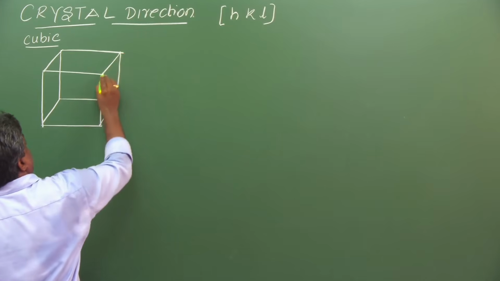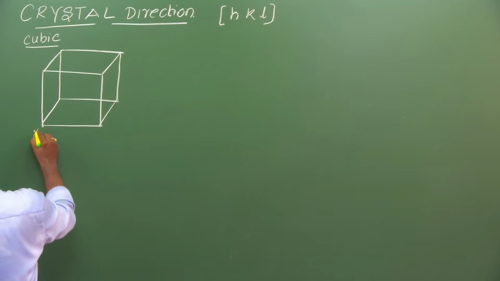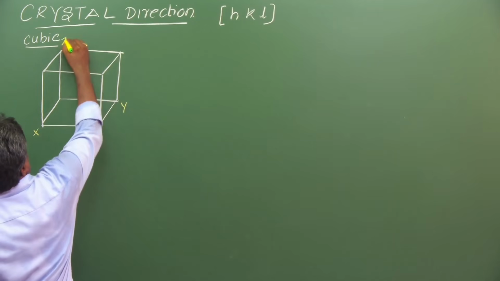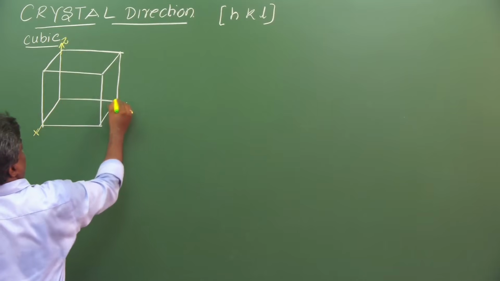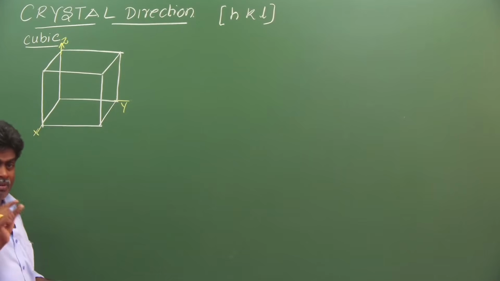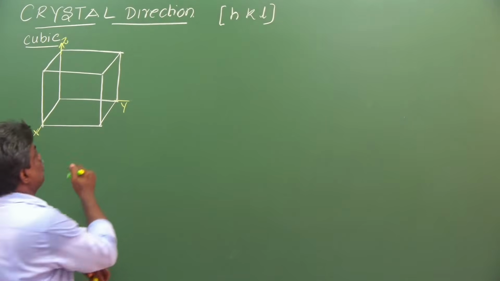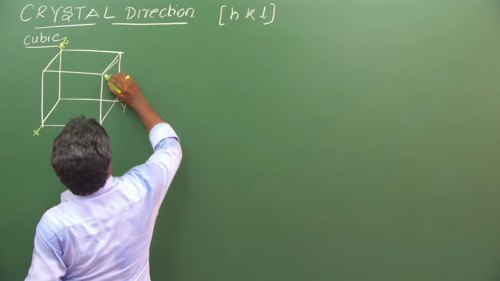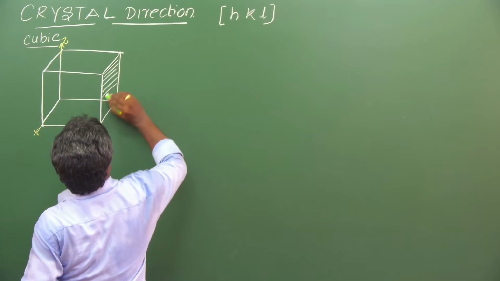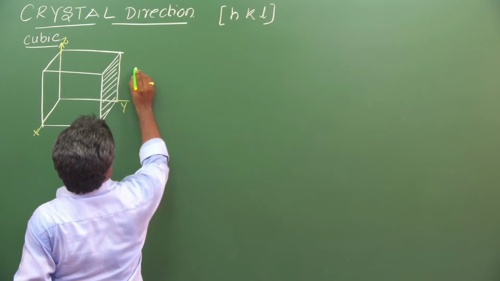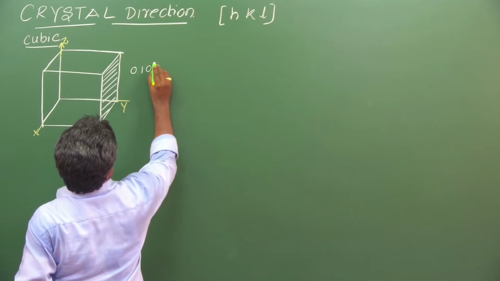Listen please. This is the x-axis, y-axis and z-axis. Now a few minutes back we have already explained the Miller indices. Could you please tell me what is this plane? This plane is cutting the y-axis, that's why the Miller indices are 0, 1, 0.